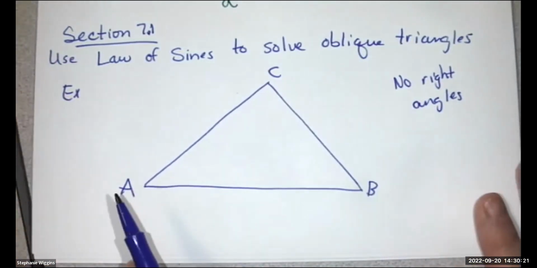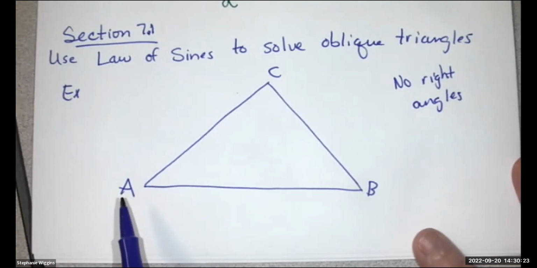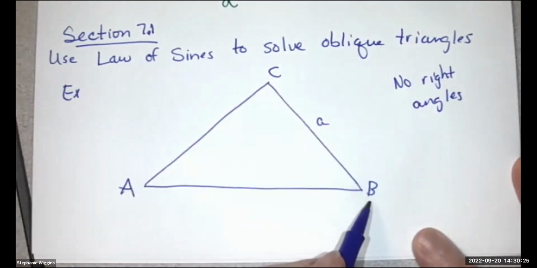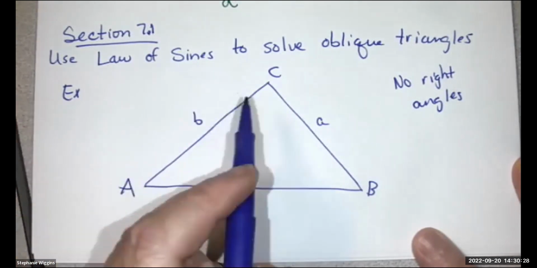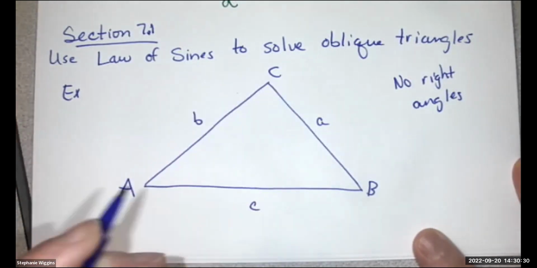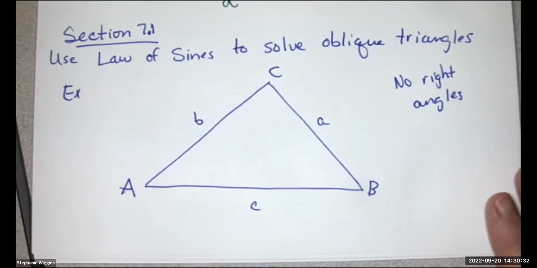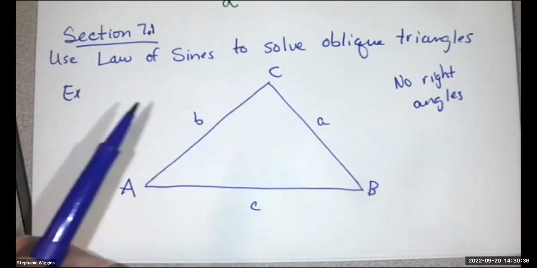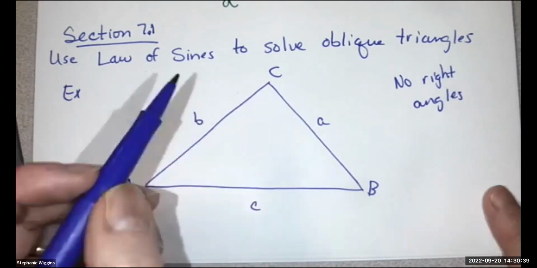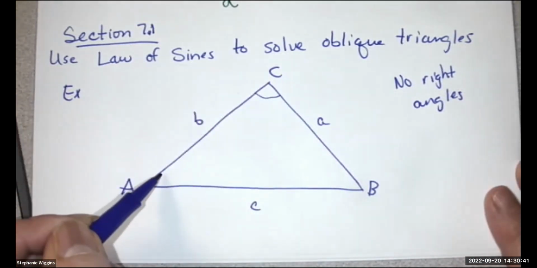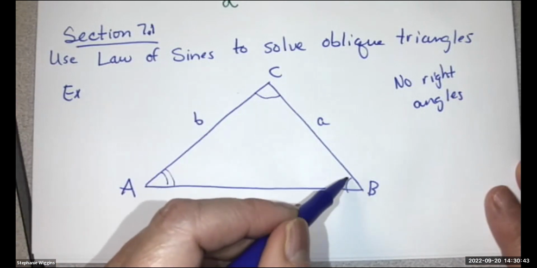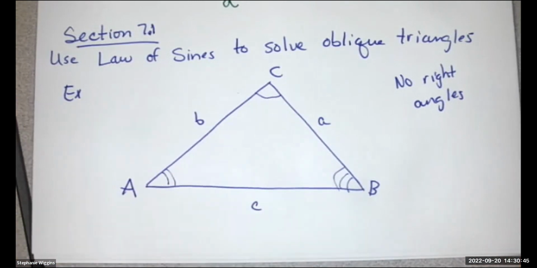And just as we did earlier, the side opposite angle A is going to be little a, the side opposite angle B is little b, and the side opposite C is little c. C is not the hypotenuse here. It looks like I've drawn a right triangle, but I really did not mean to make it look like that. There we go. Something like that. Okay, so we have this triangle and we have 6 possible quantities associated with the triangle.